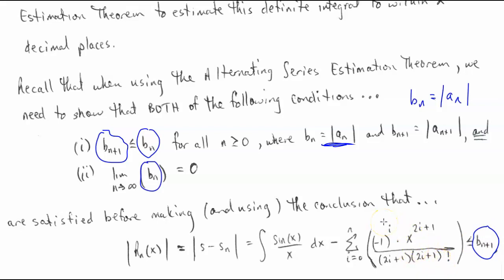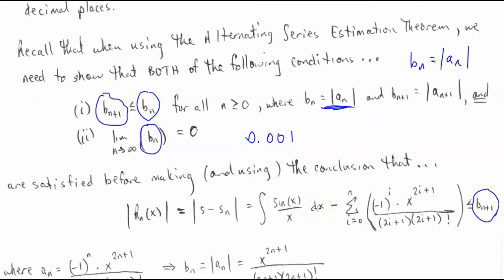And so our goal here is to figure out what n has to be so that when we find the b sub n plus 1th term, that value ends up being a value less than 0.001. And basically, we would be accurate with the area under the curve of the sinc function to within 2 decimal places if we can do that, okay?